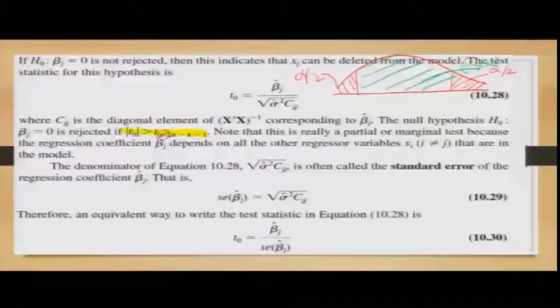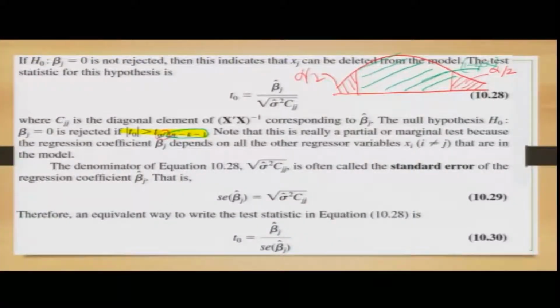And finally, this n minus k minus 1 is the degrees of freedom, depending on the experiment you are doing. n is the total number of observations, k, if you remember, is the number of variables on which y can be estimated, and minus 1 is because you are losing one degree of freedom for that.